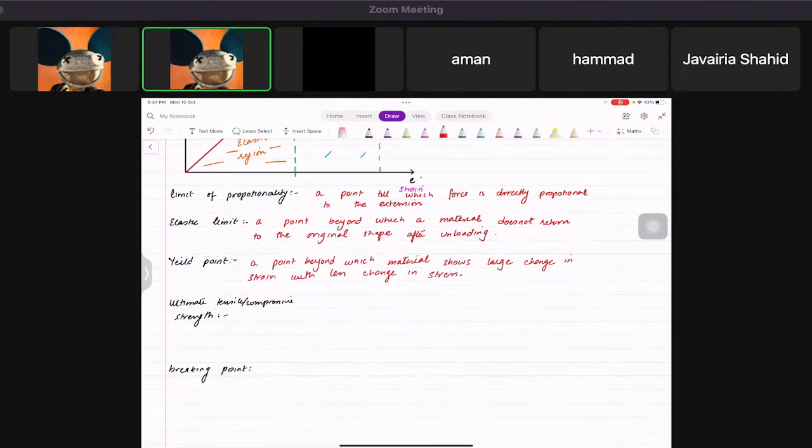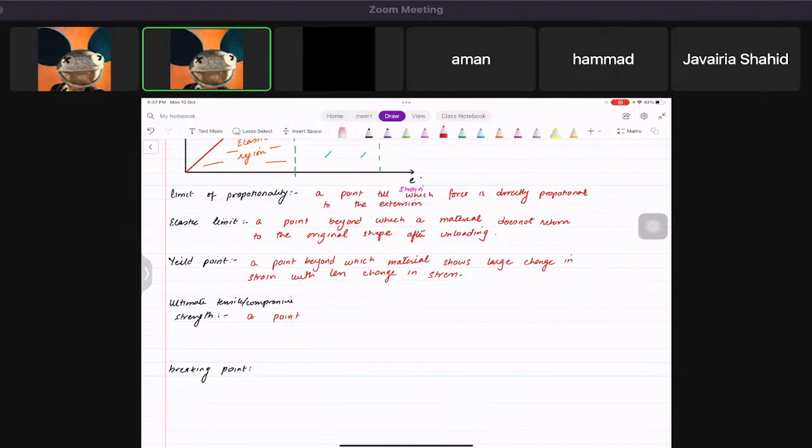So that's something. Ultimate tensile strength is a point at which, let me change this eraser, it's so annoying.